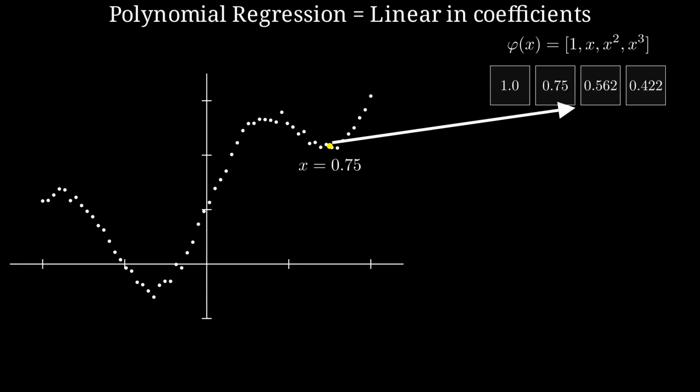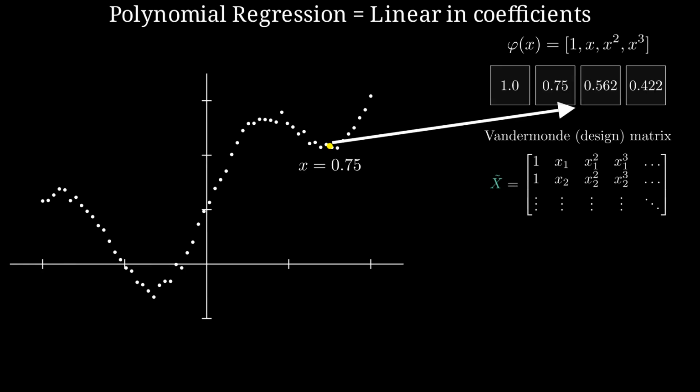Once we've made those features, the model is linear in the coefficients. A Vandermonde matrix is built by taking each input value and expanding it into its feature vector. For polynomial regression, each row becomes 1, x, x squared, x cubed, and so on. And stacking these rows gives us the Vandermonde matrix.